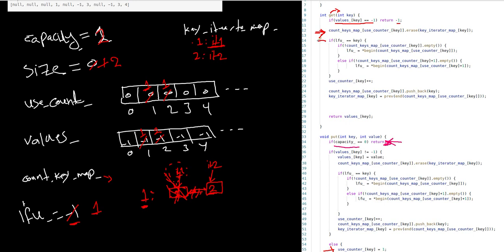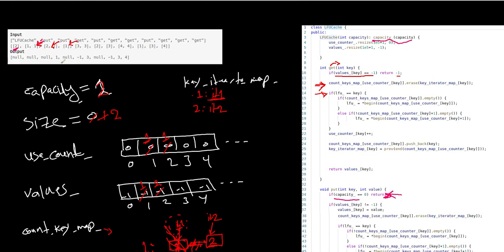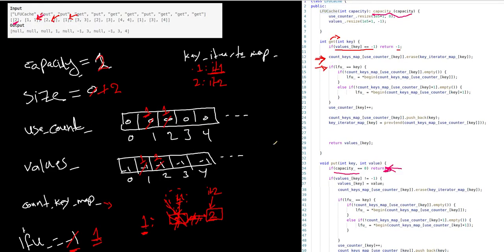Now we need to check if least frequently used is the key itself. The least frequently used is 1, and the get is for operation 1. So this condition applies. Now we need to check if not count of keys of counter dot empty use counter of key.